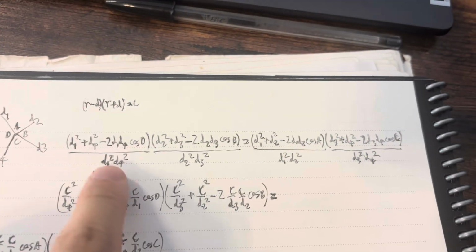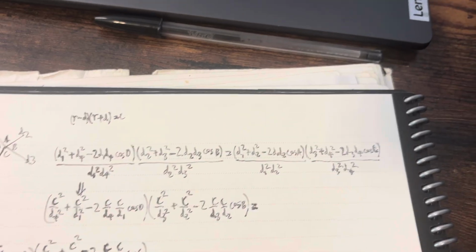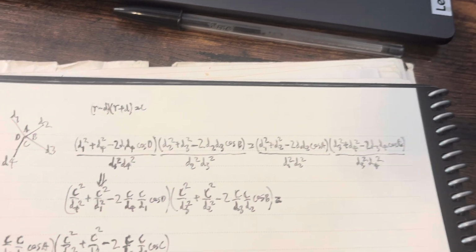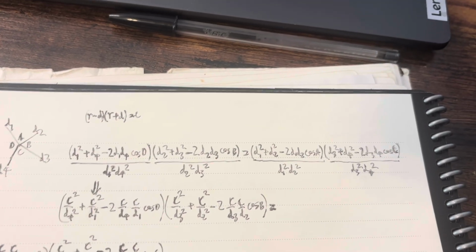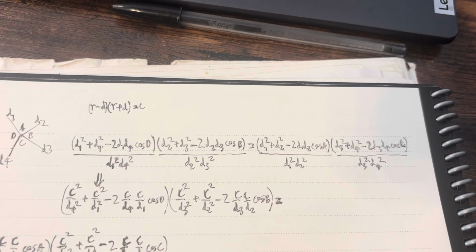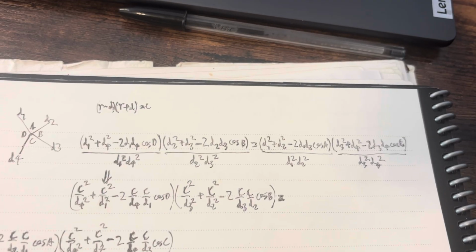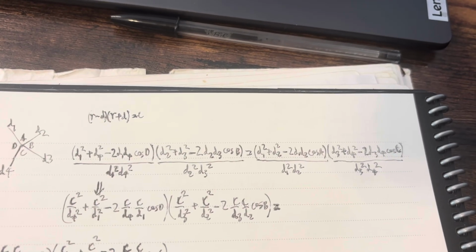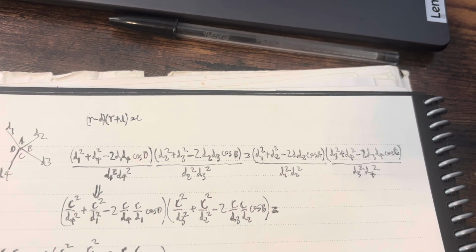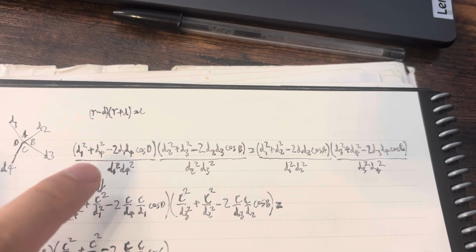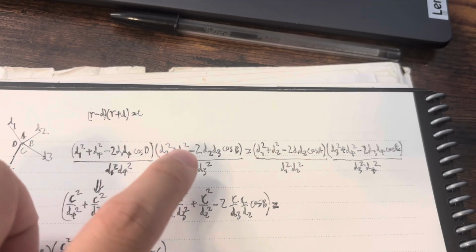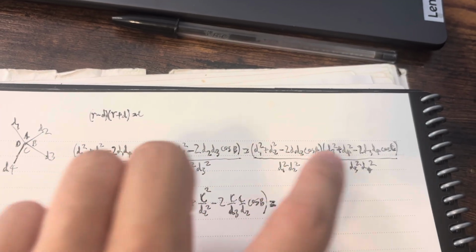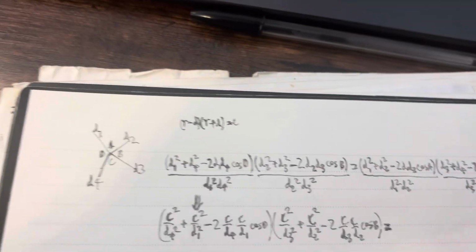So what I did was, from this original big long law of cosines equation, I divided the whole thing by d1 squared, d2 squared, d3 squared, d4 squared, and then I also multiplied the whole equation by c to the fourth, which equivalently is saying I multiply each of these four terms by c squared.